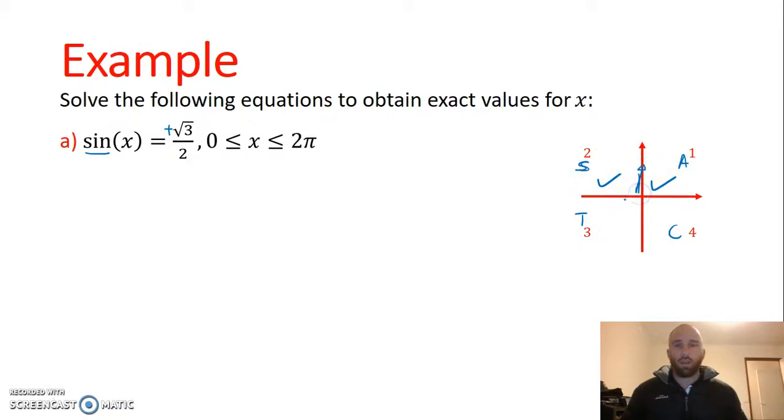What we're actually going to find is that we have two solutions to this within this whole range. So to find our answer, underneath, I'm going to bring sine to the other side.